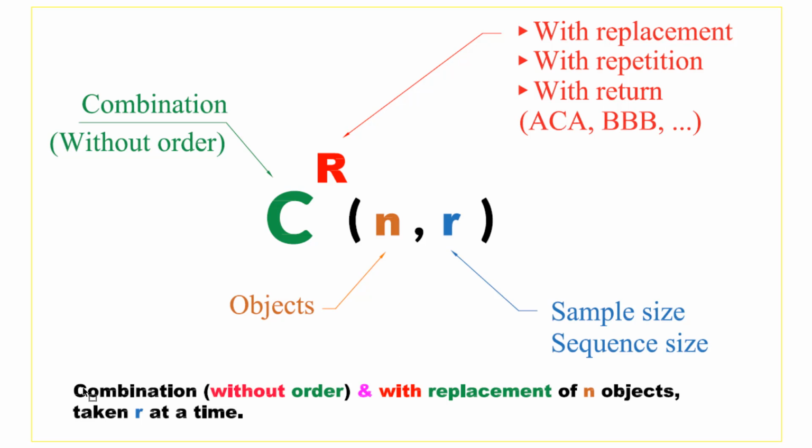So we read it as follows: combination implying no order with replacement of n objects taken r at a time.